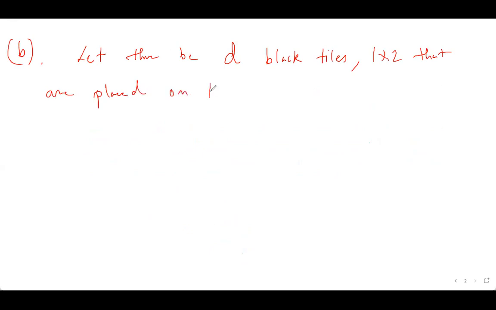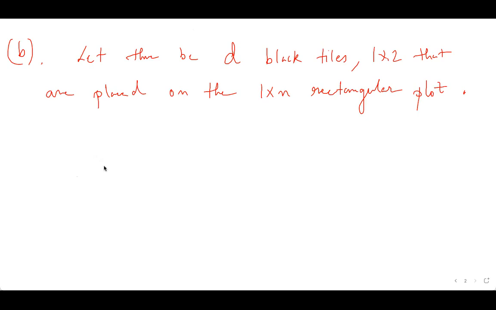So let there be D black tiles of 1 cross 2 that are placed on the 1 cross n rectangular plot. Okay, so D tiles need to be placed.